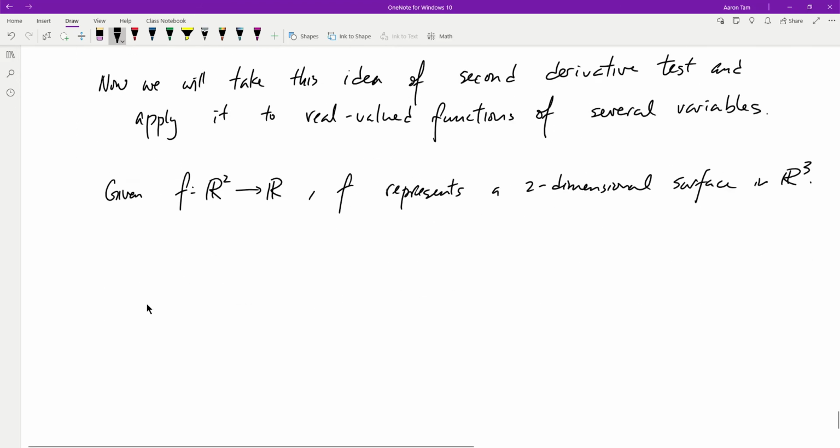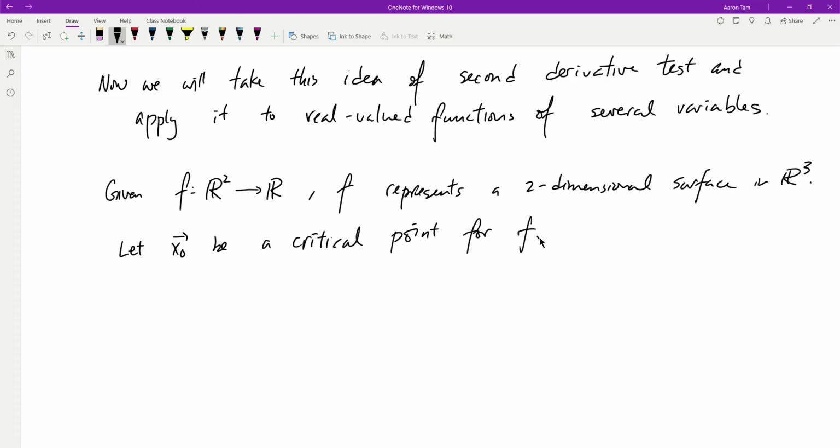Now imagine that we have a critical point. Let x sub 0 be a critical point for function f.